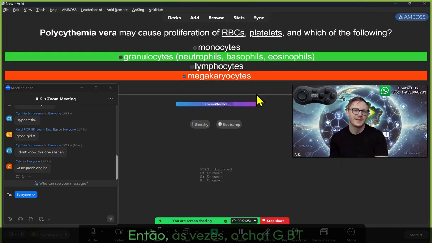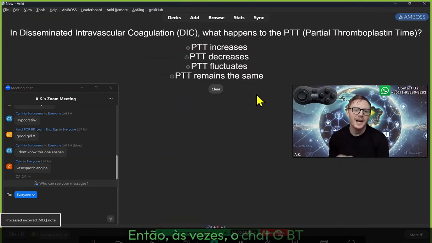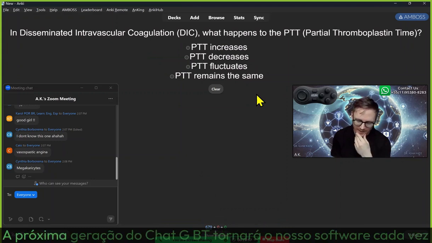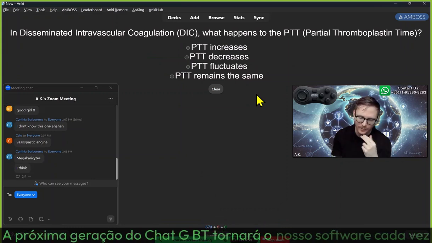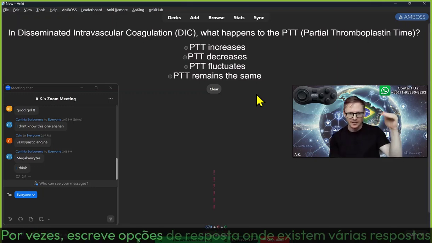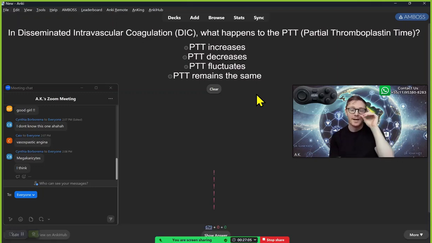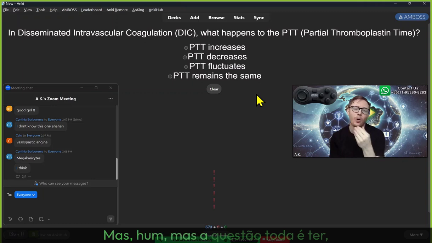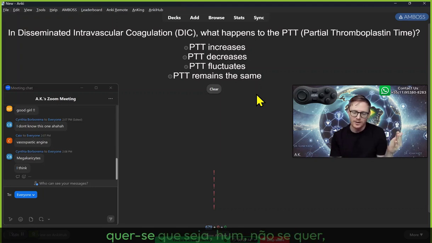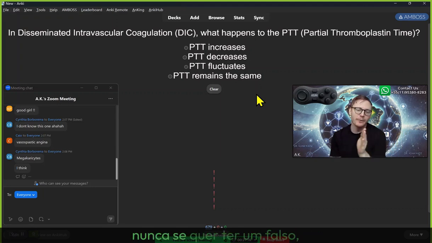Sometimes ChatGPT generates cards. Right now, we're still working on it. The next generation of ChatGPT will make our software better each time it gets better because it'll be more intelligent. Sometimes it writes answer choices where there are multiple correct answers. So it's a drag, but the whole point is like a screening test on the USMLE: you never want to have a false negative.